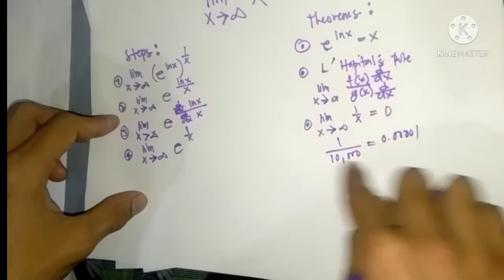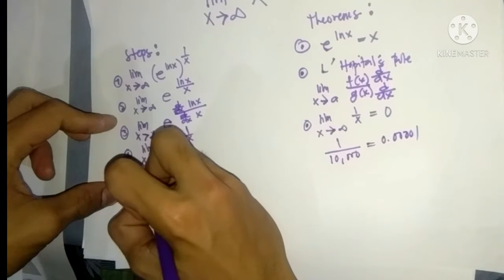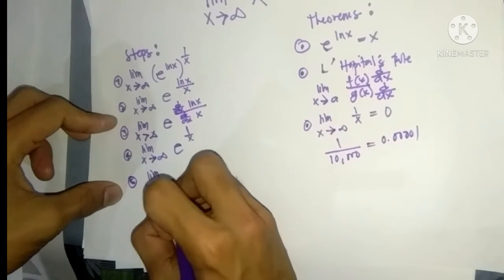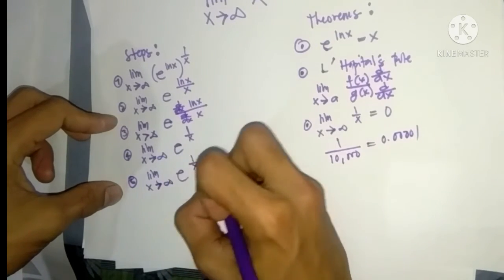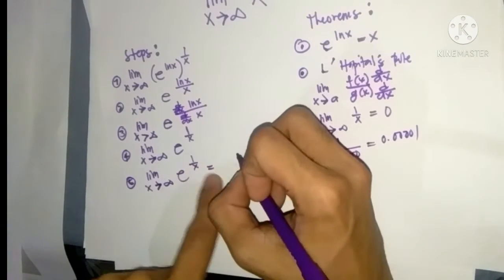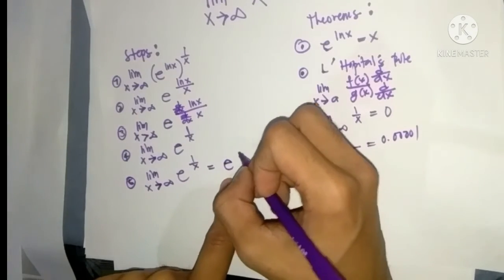So, i-apply natin tong theorem na to dito sa ating limit process. So, copy, limit as x approaches to infinity of e raised to 1 over x is equal to, ito magiging 0 na to. So, we will leave e raised to 0.